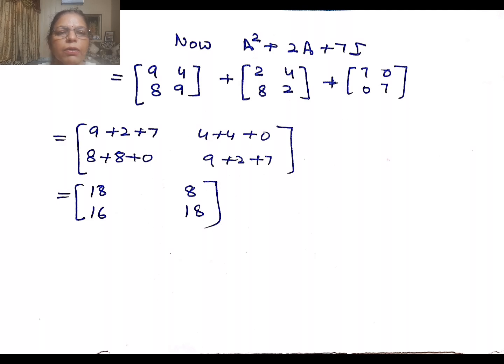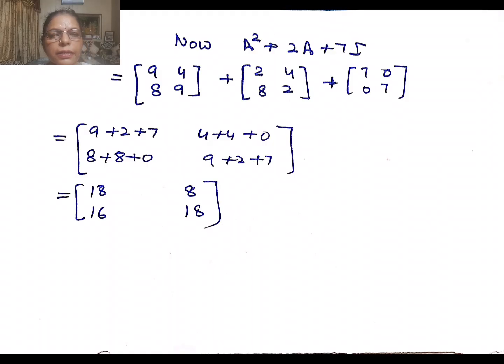Now add up the corresponding elements of the matrices. We get 9 plus 2 plus 7, 4 plus 4 plus 0, second row 8 plus 8 plus 0, 9 plus 2 plus 7. So the resulted matrix is [18 8; 16 18].